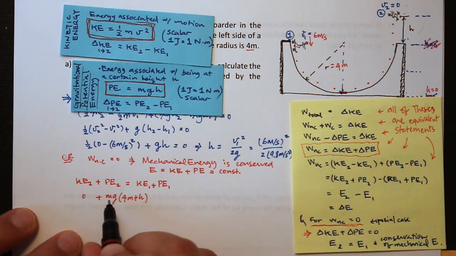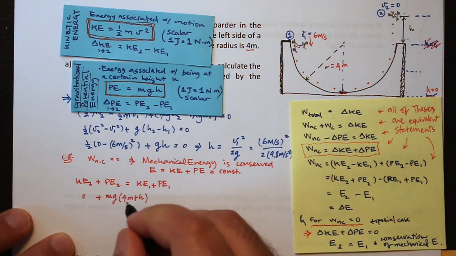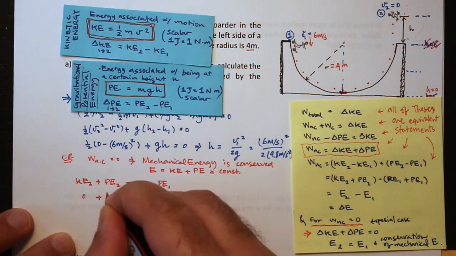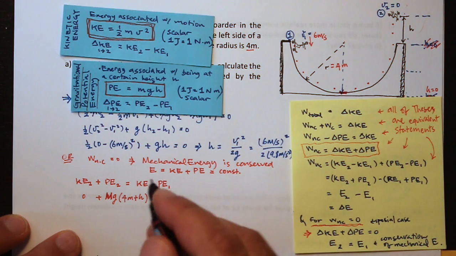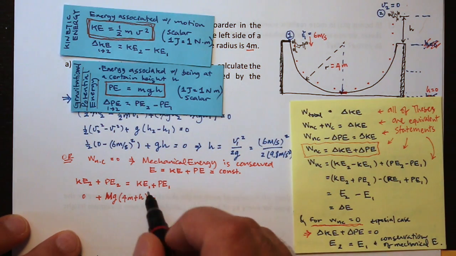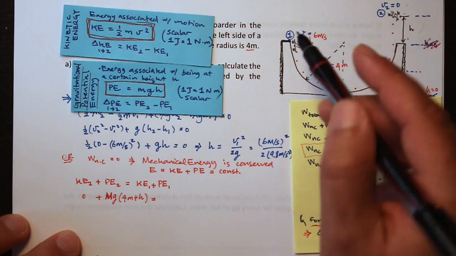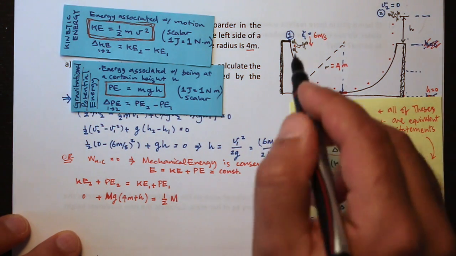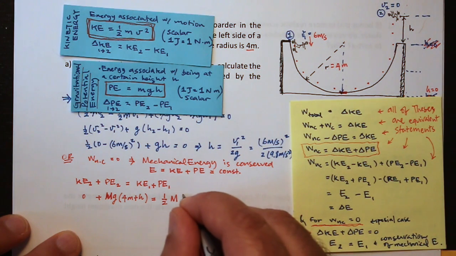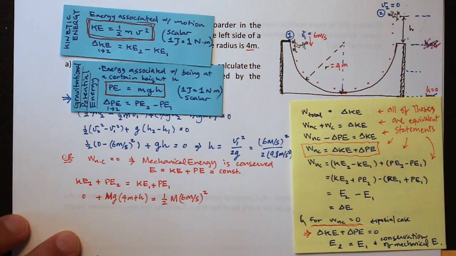I apologize for using m and m for meters and for mass, so I'm just going to use capital M for mass to differentiate. And then for position 1, the kinetic energy 1 is equal to half M times v1 squared, which is 6 meters per second, all squared.